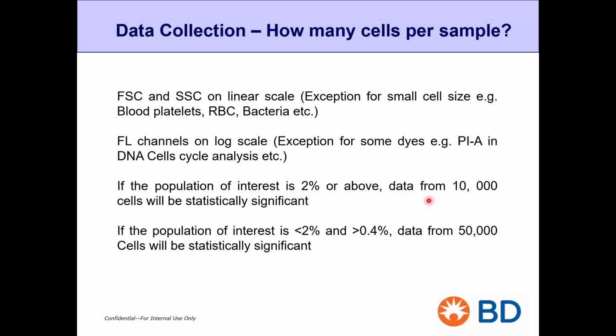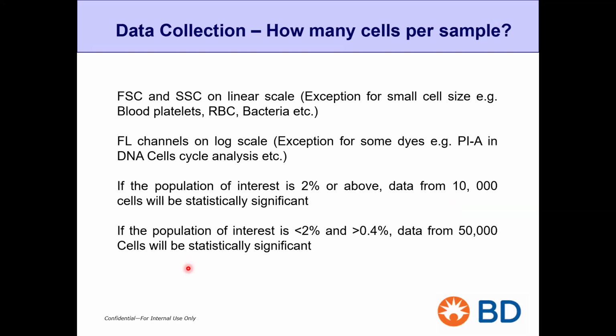So even if you want to see CD3, 10,000 events or even less than 10,000 is more than enough for CD3. But then 10,000 of that particular cell. If I'm going to acquire all events, it will include my lymphocytes, monocytes, and all. So I'll acquire somewhere around 20,000 or 30,000 to get the perfect CD3 value.